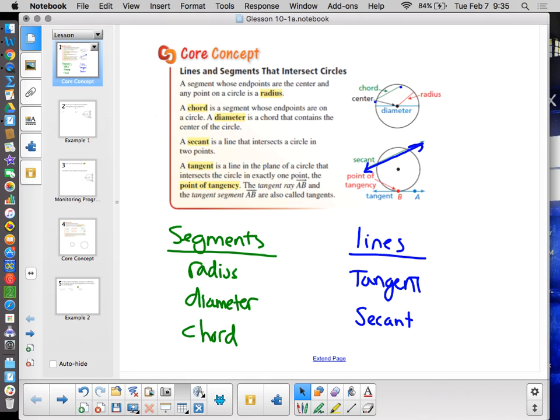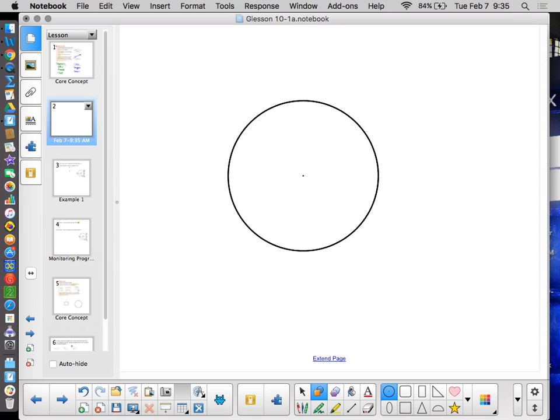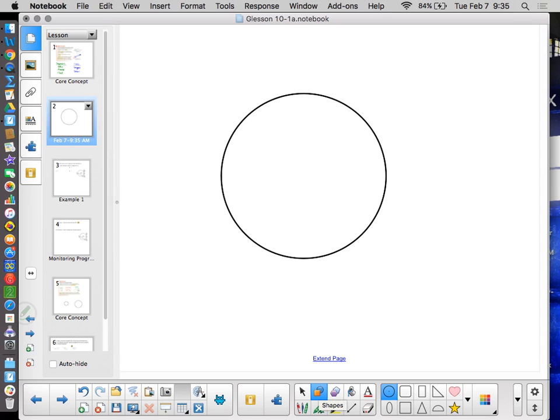And again, we talk about points on the circle. It's also important to remember, very basically, when I have a circle, let's say that's the center of the circle, C, I can name the circle by its center point.